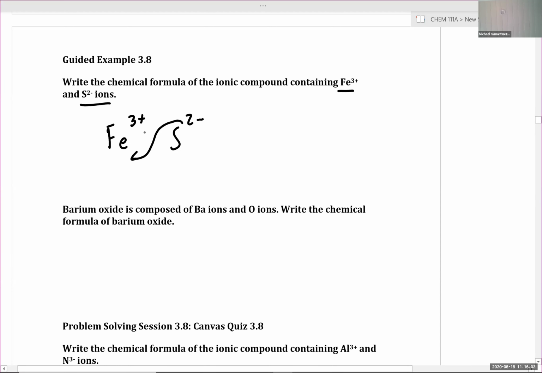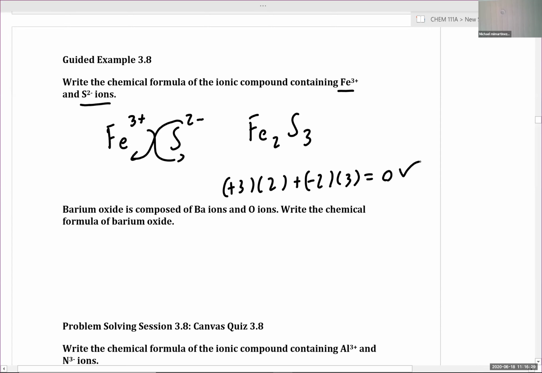So we take each of our charges and we cross them into the subscript of the opposite ion. That gives us Fe2S3. We can check our work really quickly by verifying that the total charge is in fact 0. And we've verified that to be true.